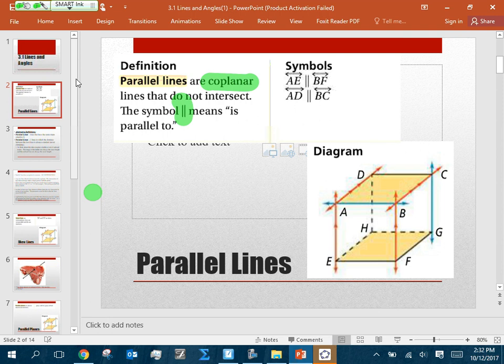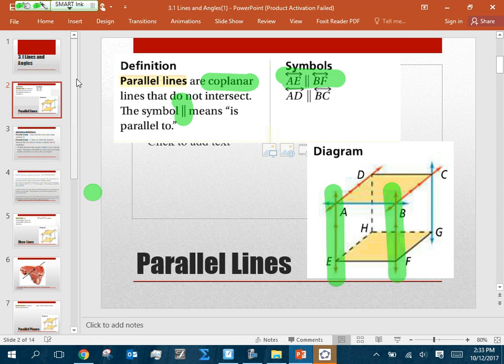What is nice about parallelism is that it's symmetric. What I mean by that is, if I look at that phrase, AE is parallel to BF. It's symmetric in that I can say BF is also parallel to AE.